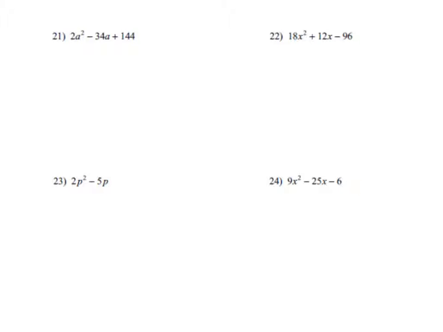Okay, so here we go. On 21, the very first thing we always do is look for a GCF, so I'm going to pull out a 2. Okay, now I'm going to look for factors of 72 that are going to add up to 17. I actually got lucky by pulling that GCF out. I'm back to a coefficient of 1 here.